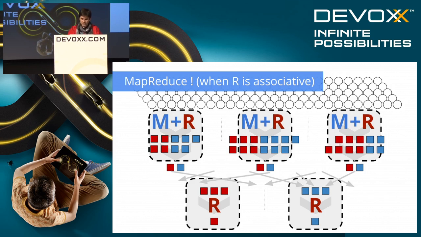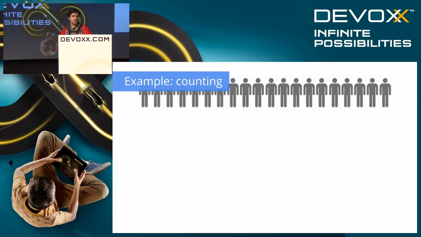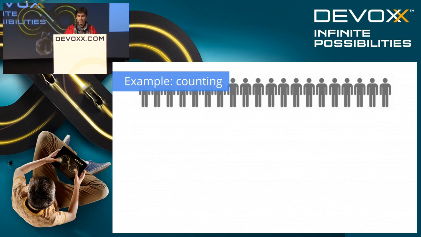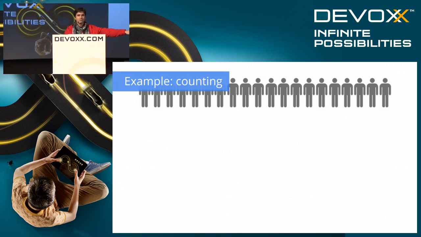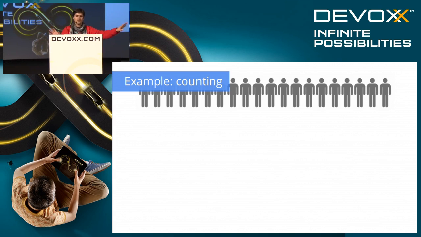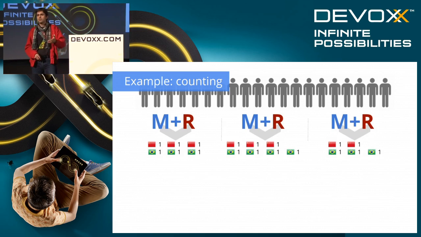Example, again, these are your machines. Typical example, counting stuff. So let's say I'm counting people, and I have a file with the world population in it. I want to count all Brazilians and all Chinese. So map, I take the data. If the guy is either Brazilian or Chinese, I output 1.